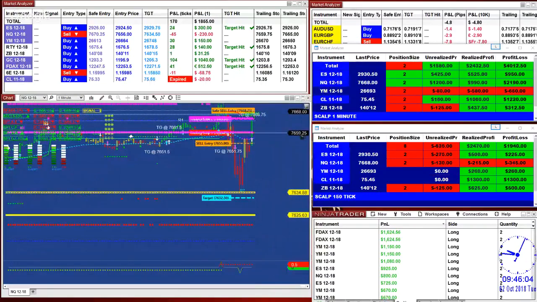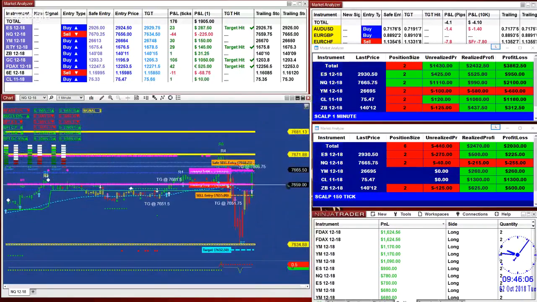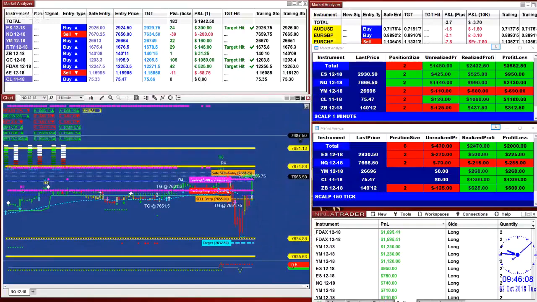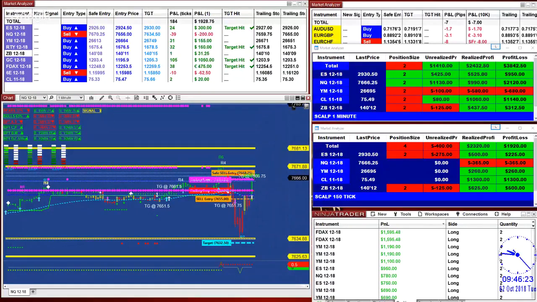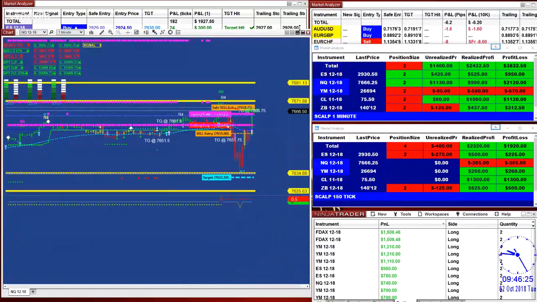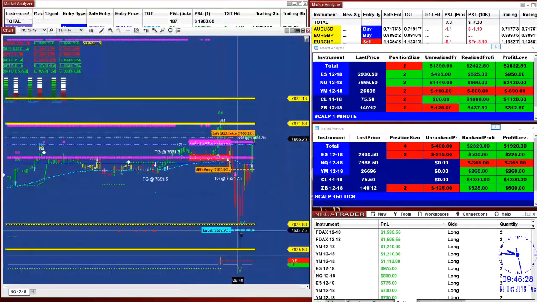There is probably a new signal coming up on the Nasdaq, because the Nasdaq dropped, and now we are going the opposite direction. So the ES is strong, the YM is strong, so there could also be another signal on the Nasdaq. It is a pity that when the Nasdaq gave us the entry, it came in right at the line.